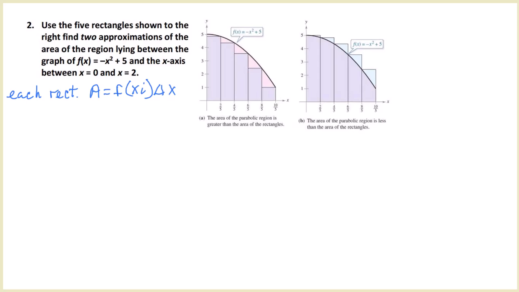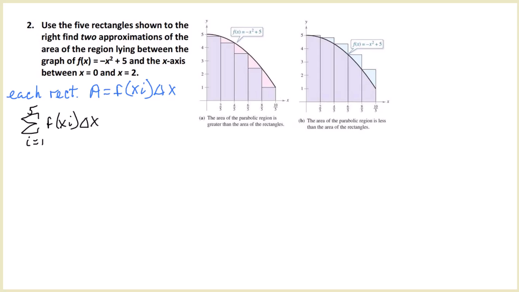Whatever f of x is, that's your y value, times delta x. Delta x is the same all the way across: it's 2/5. Y'all with me? The change in x is 2/5 each time. Okay, so with that thought in mind, we can sum up those areas.